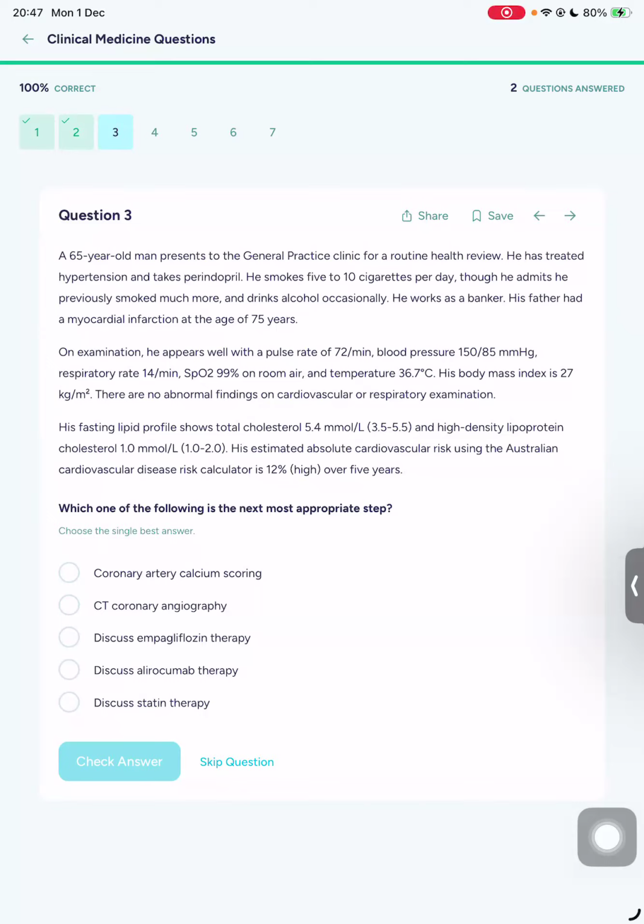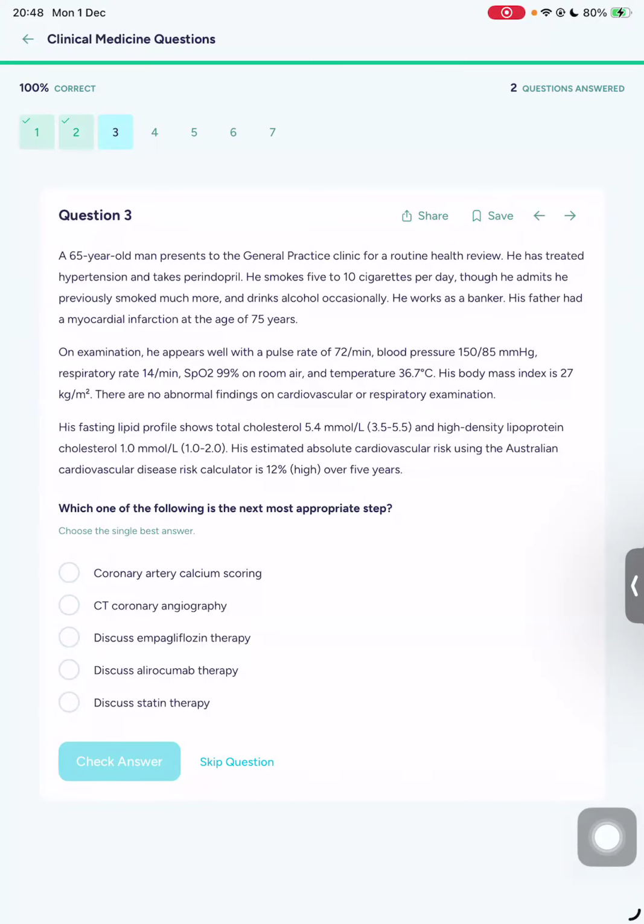His fasting lipid profile shows total cholesterol 5.4, marginal, HDL 1. Estimated absolute cardiovascular risk using the Australian Cardiovascular Disease Risk Calculator is 12% over 5 years. We all know that is high risk, more than 10. Which one of the following is the next most appropriate step?